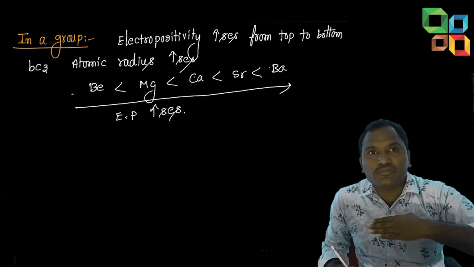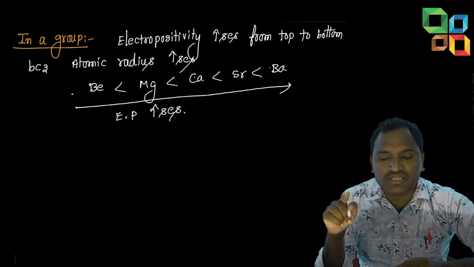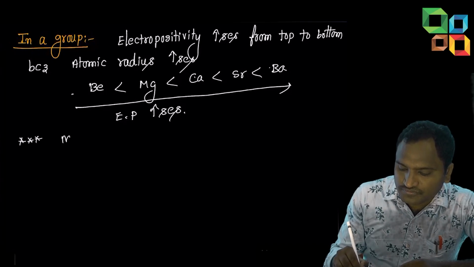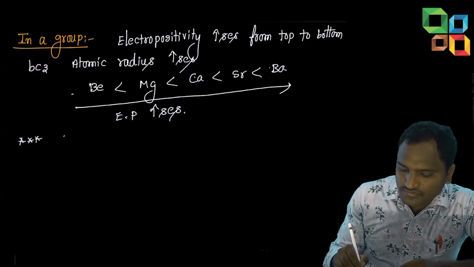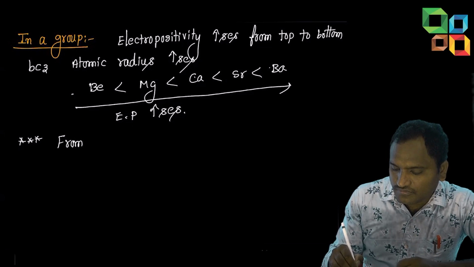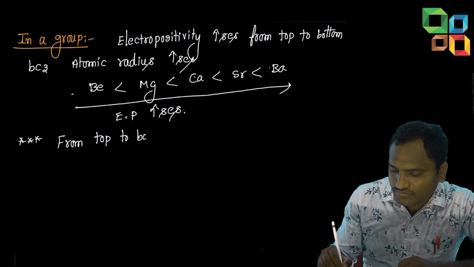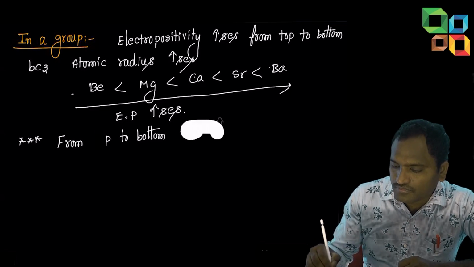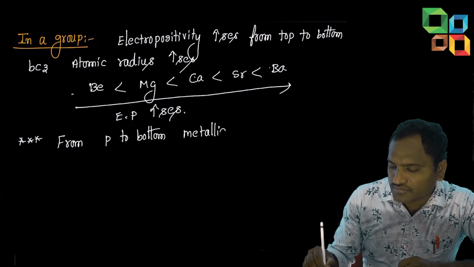So from top to bottom, electropositivity increases and metallic character increases.